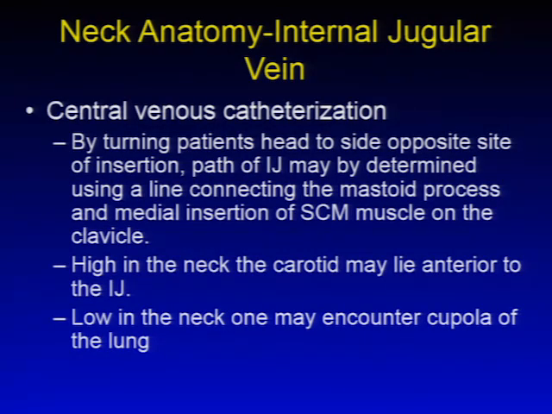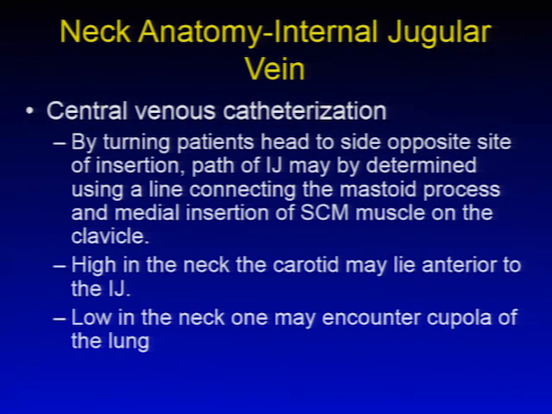When performing central venous catheterization of the internal jugular vein, you would first turn the patient's head so that it is facing the side opposite the site of insertion. The path of the internal jugular vein may be determined using a line connecting the mastoid process and the medial insertion of the sternocleidomastoid on the clavicle.